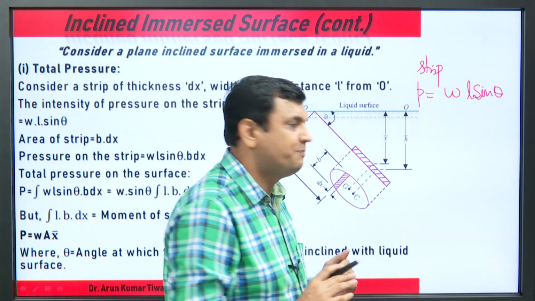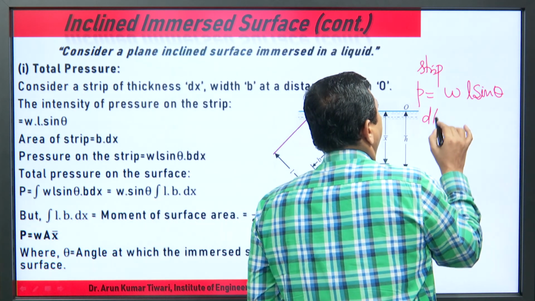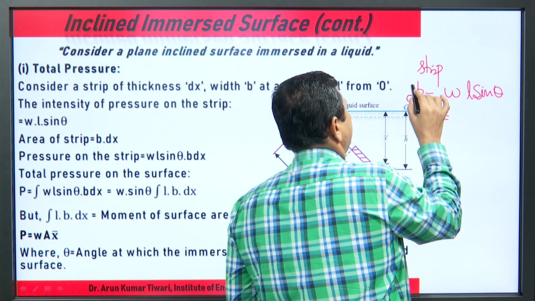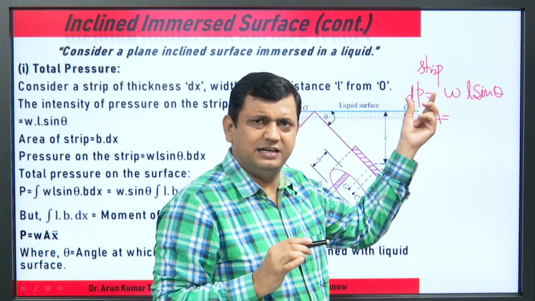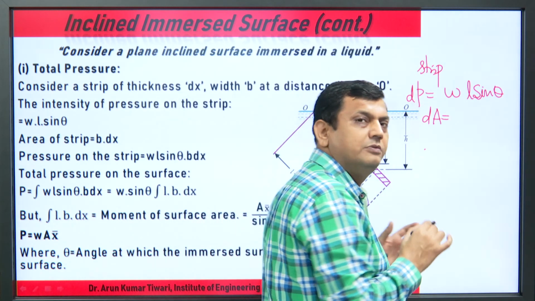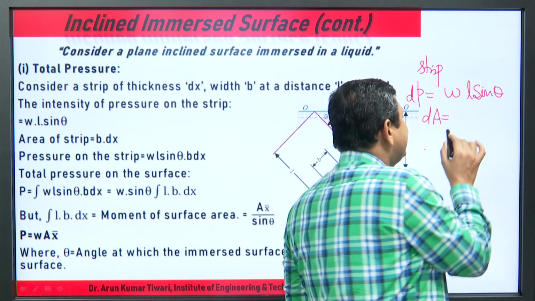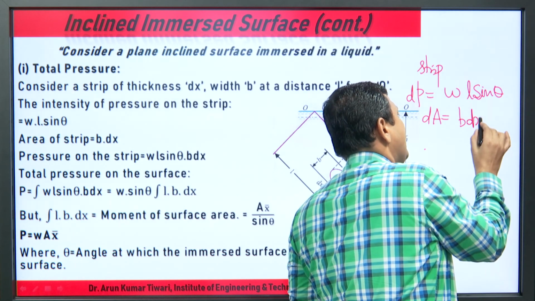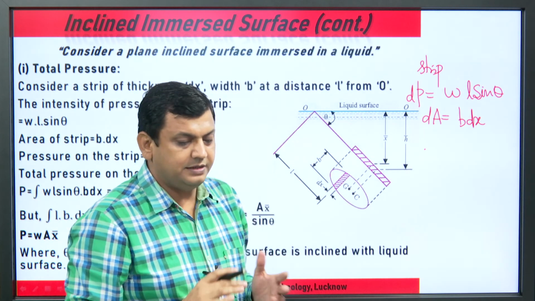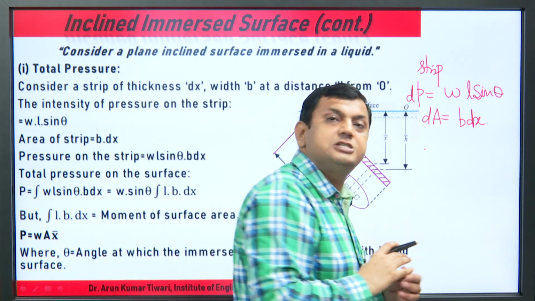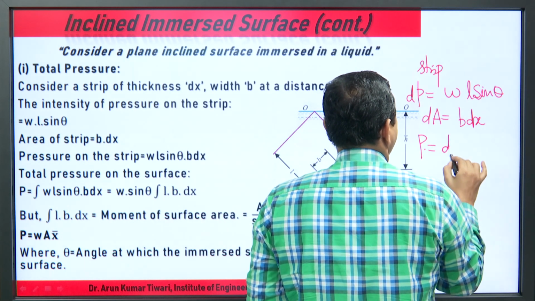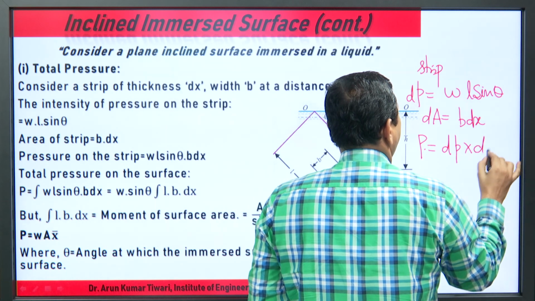What about the area? Area of the strip is B dx. Then the pressure on the strip, dP, is the pressure intensity into area.